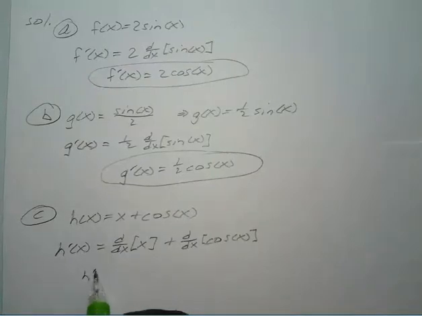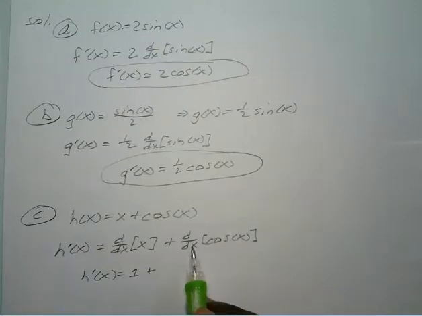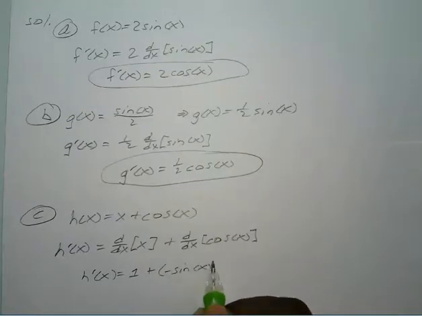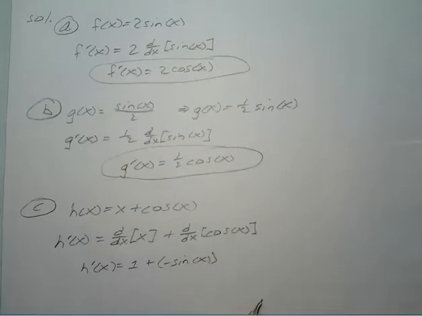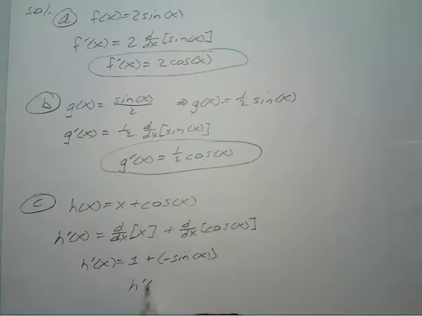Okay, so your derivative is equal to the derivative of x is just 1, plus the derivative of cosine x is negative sine x. So your derivative is 1 minus sine of x.